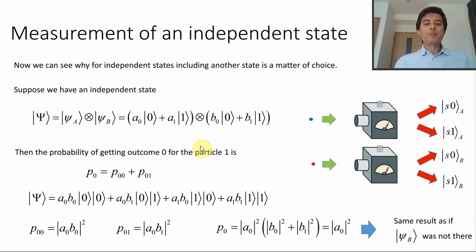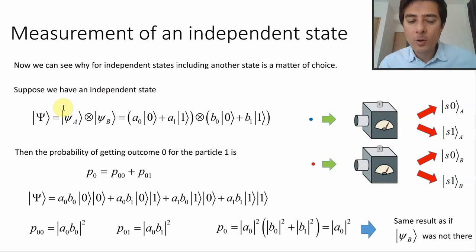Now it looks like we might get a different answer because we've got this B here. Suppose Alice, the first one, measures her particle, and she has no idea that Bob on the other side of the world is also measuring his particle.